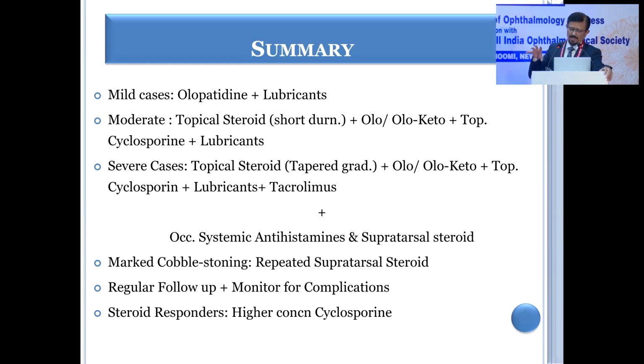If it's moderate, you can use a low potency topical steroid for a short duration and taper it off, along with olopatadine. If it's moderate to severe, you can combine olopatadine with ketorolac, Nevanac or bromfenac, with topical cyclosporin and lubricants. Later on, you can take off the topical steroid and continue with olopatadine, topical cyclosporin and lubricants.